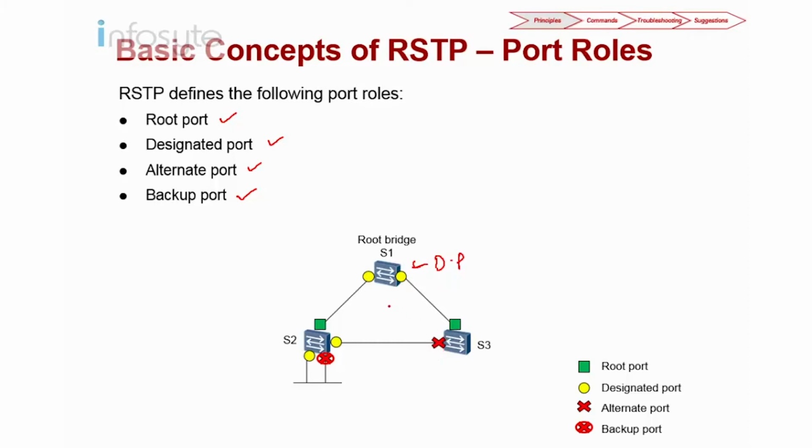And because I have a triangle topology here, this will become my alternate port. The alternate port will be in blocking, or in this case discarding. But what you notice over here is a new port role. This is a backup port. So this is a new port that's available in RSTP.